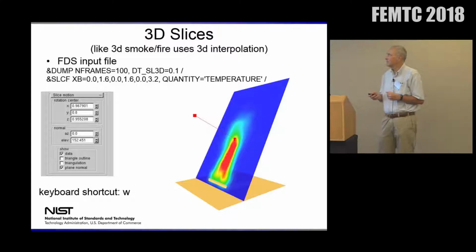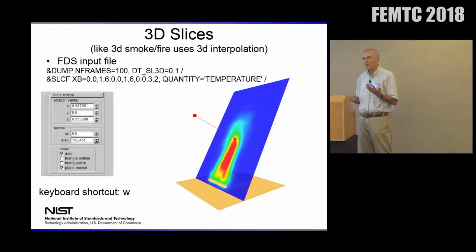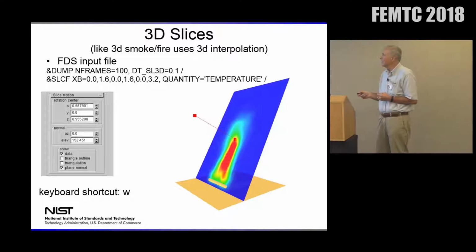If you set up a 3D slice file, you can draw arbitrarily oriented planes. The red dot and the line represent a normal vector to that plane and its direction.